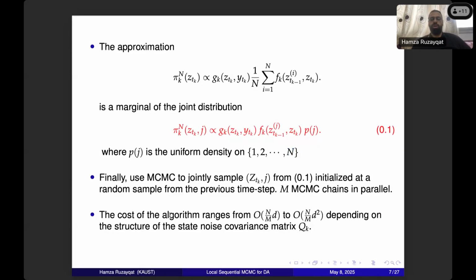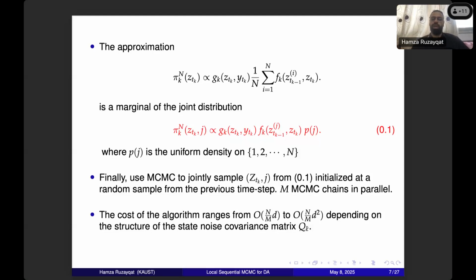And the cost of the algorithm will range from n over m times d to n over m times d squared, depending on the structure of the state noise covariance matrix. This d, or d squared, comes from the cost of computing the transition density f, which involves a matrix times a vector.